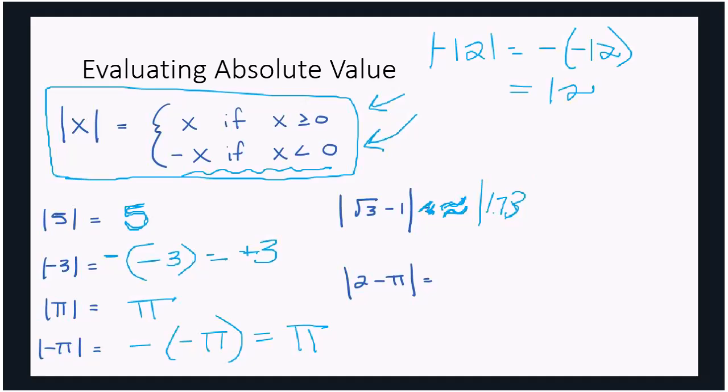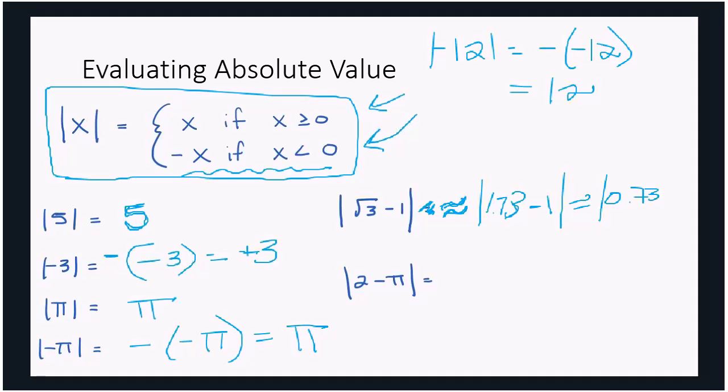So I have 1.73 minus 1, which is approximately equal to the absolute value of 0.73. That should be in absolute value bars, but for some reason this won't let me do my absolute value.